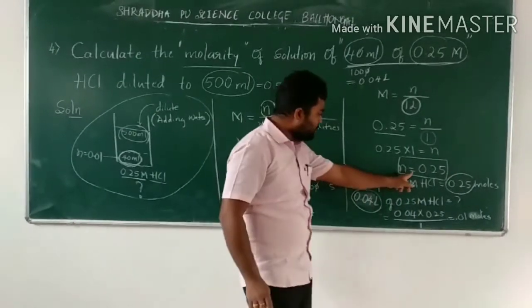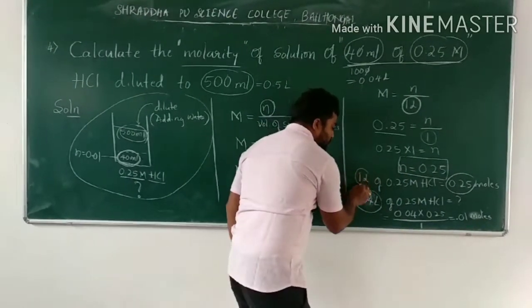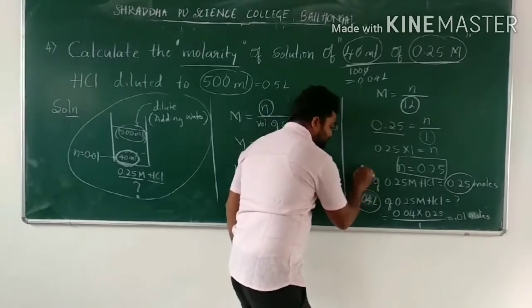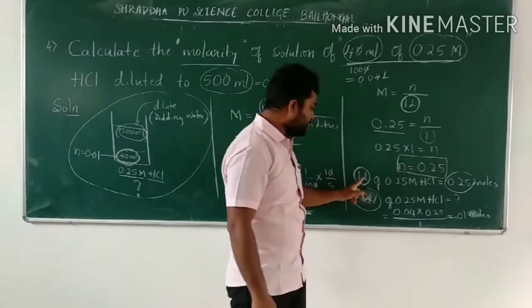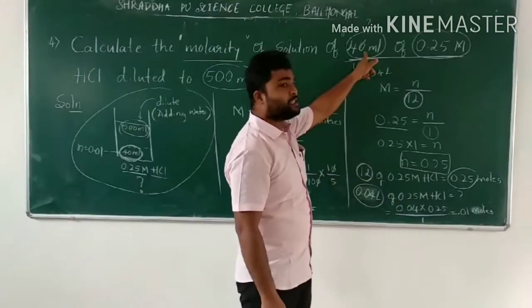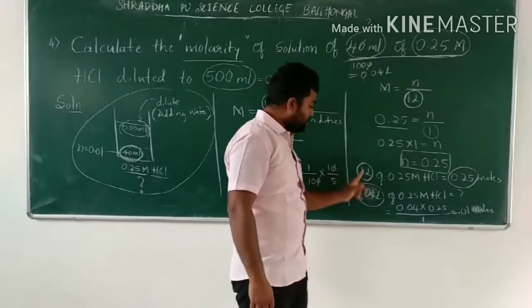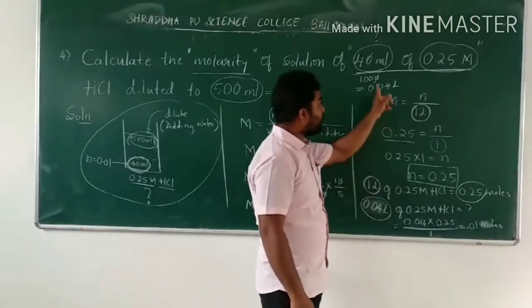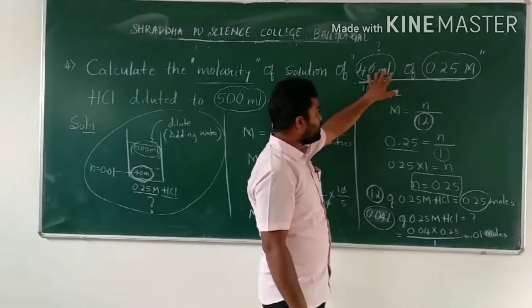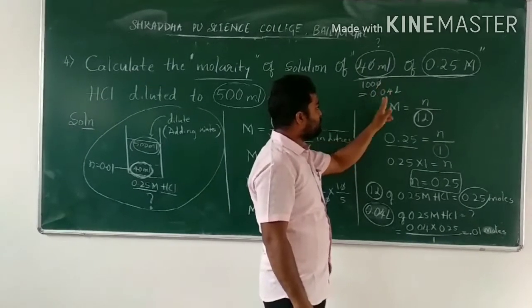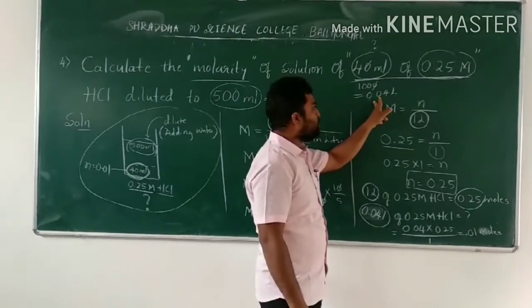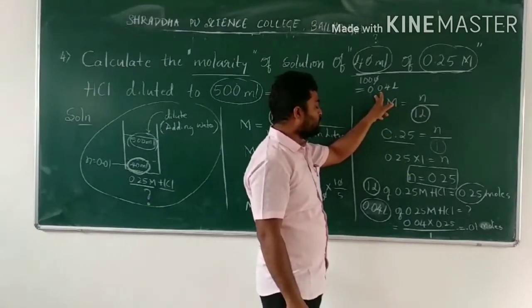But this number of moles is present in what? 1 liter of solution. This 0.25 moles is present in 1 liter of solution. But how much ml are you considering in the problem? Only 40 ml. This 40 ml is converted to liters by dividing by 1000, which becomes 0.04 liters.